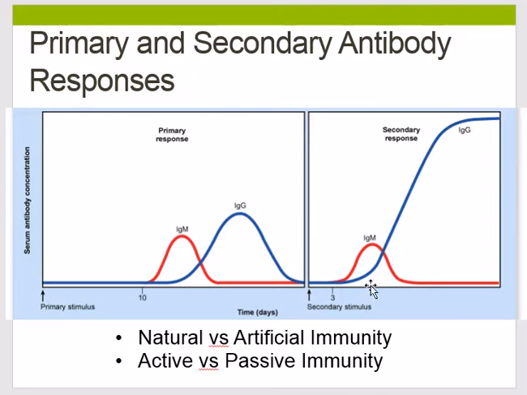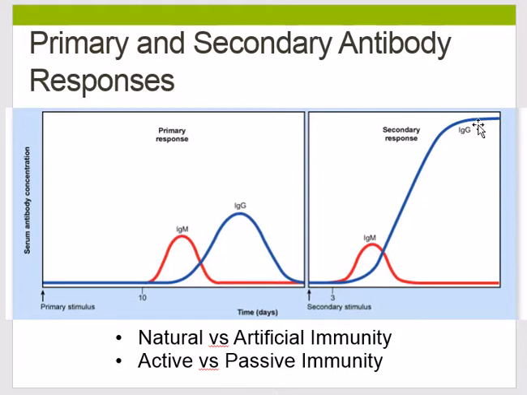This later encounter, as I said, is called the secondary response, from a secondary stimulus. And you can see that both immunoglobulins respond much faster. There's much more antibody there than there was in the first exposure to the antigen, because now it recognizes it and it can work harder and faster.